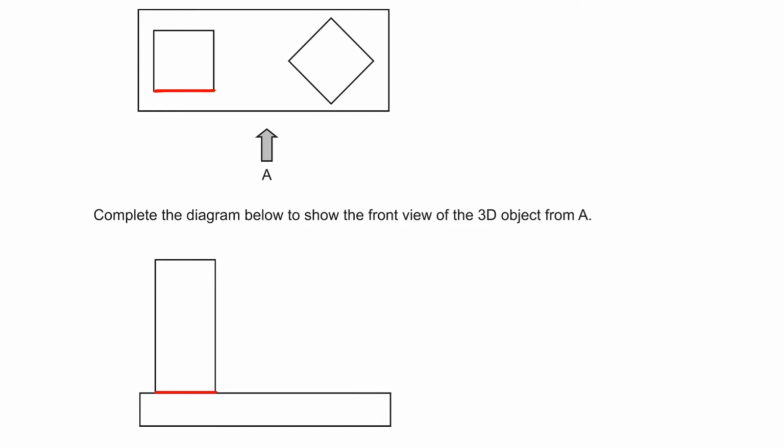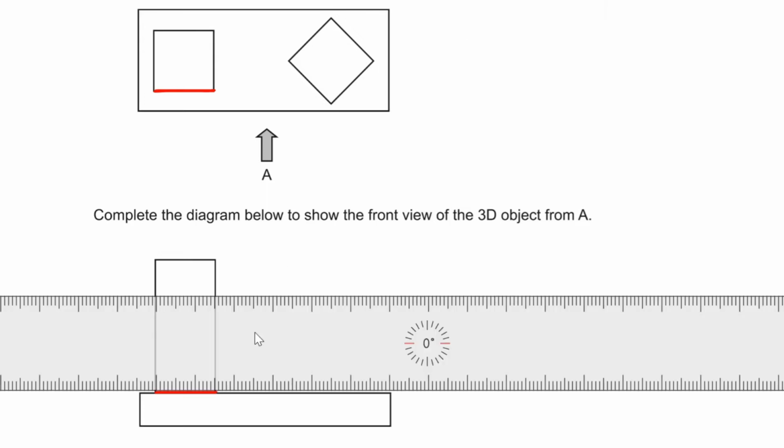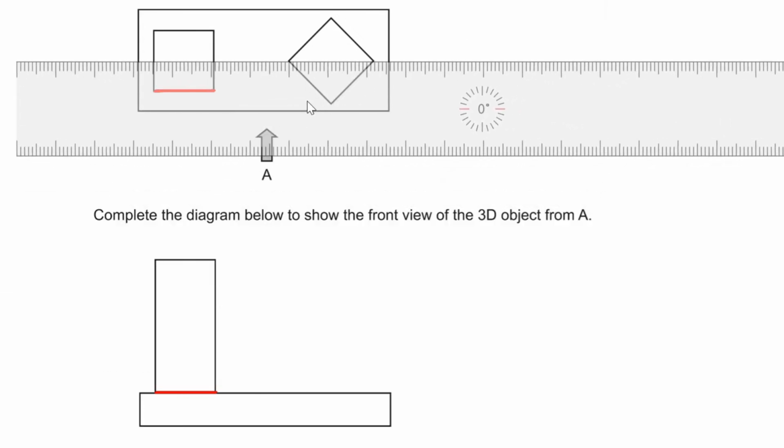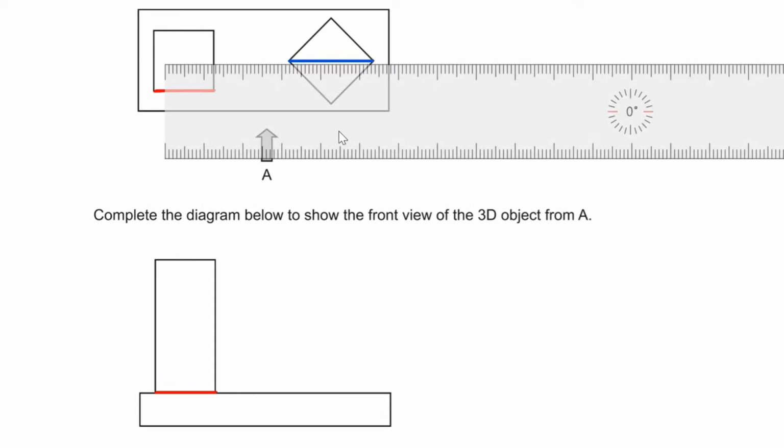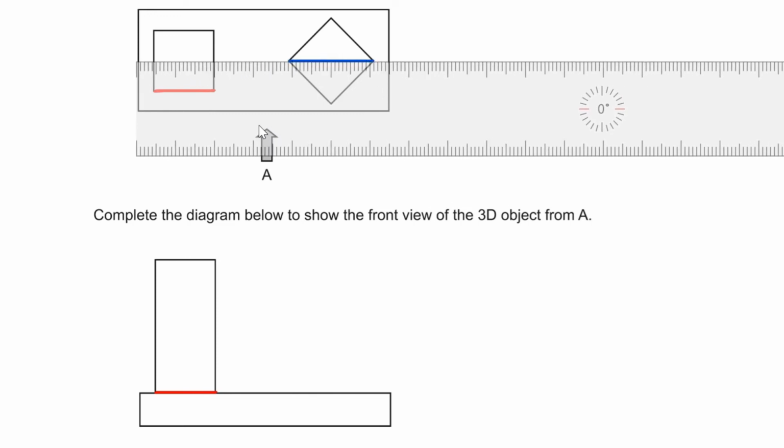And if we consider this length over here, we would have 2.2, and the distance between the edge of this square and here is 1.9.